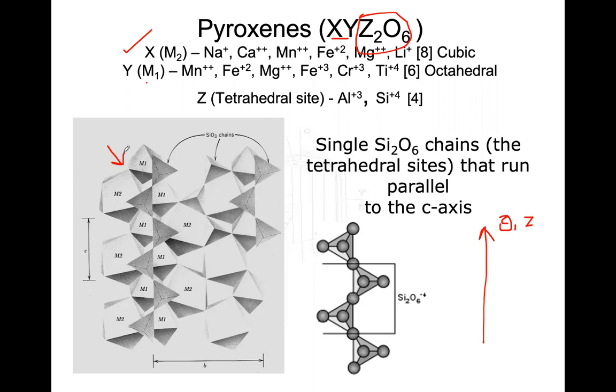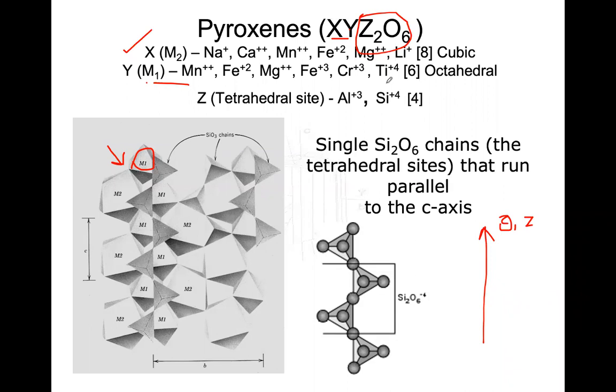The M1 site has a specific size, so it can fit only some of the cations. For example, for the M1 site: manganese, ferrous, magnesium, ferric, chromium, titanium can fit into those sites.